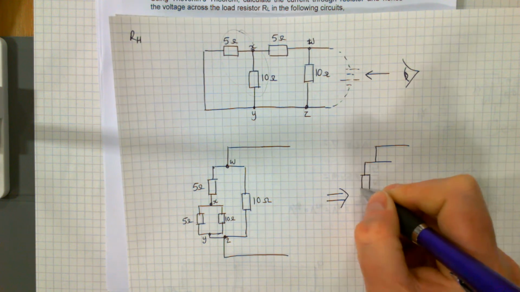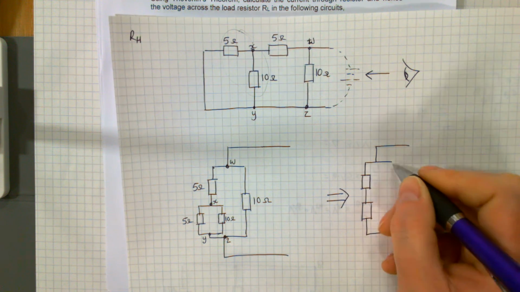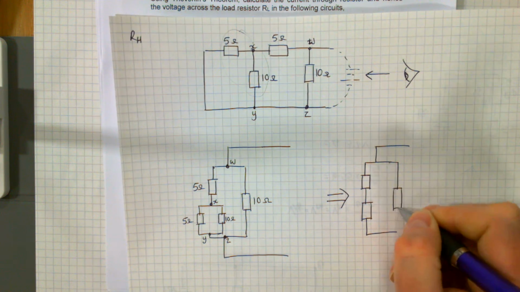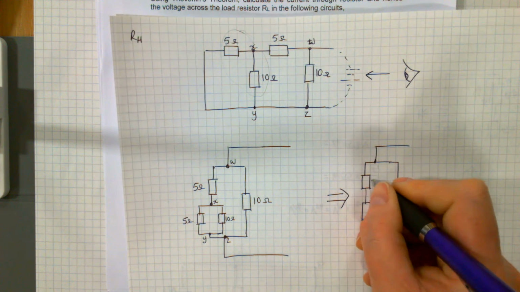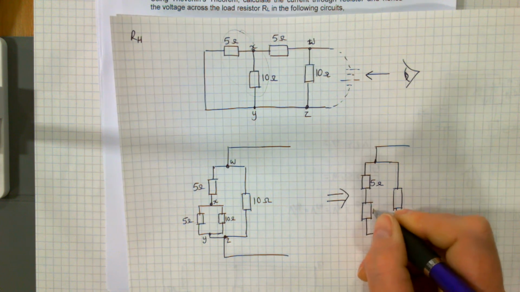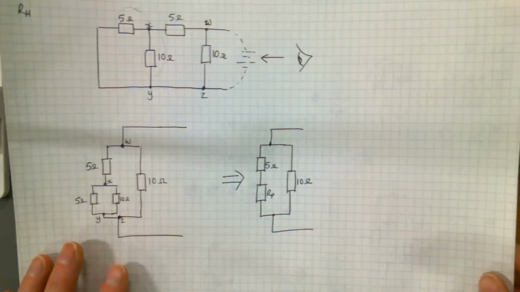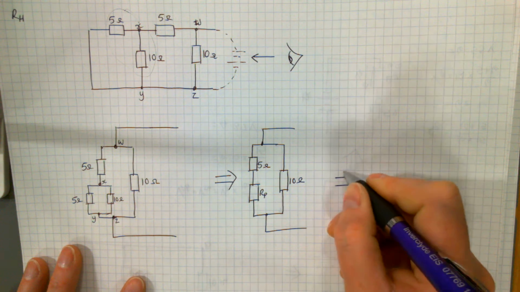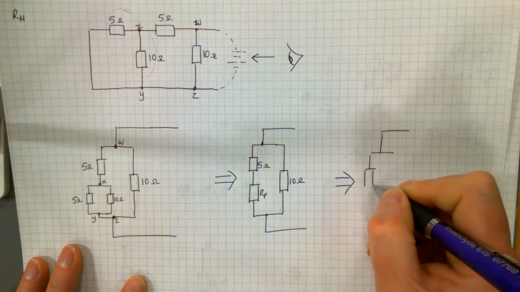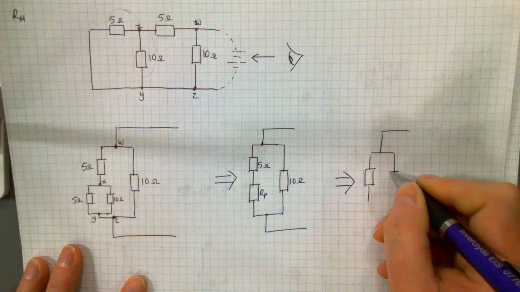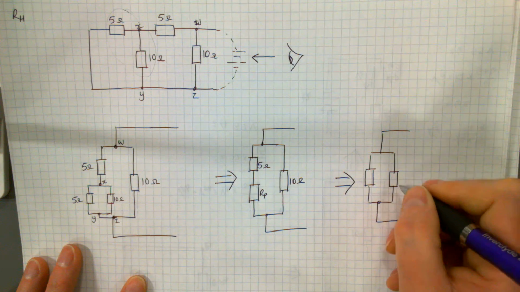Now when you reduce this, your first step would be to go to this. So we have RP in here. Then from that, you go to this.